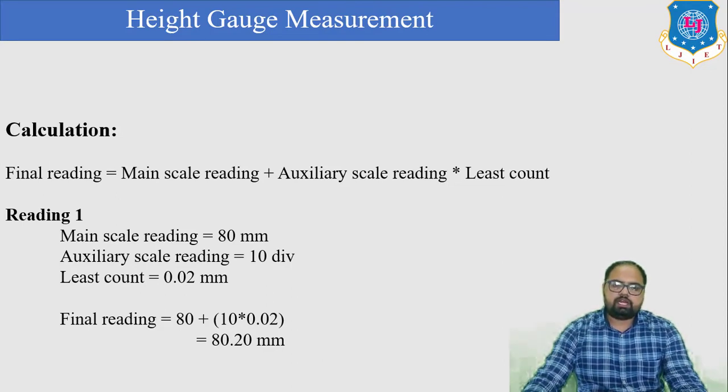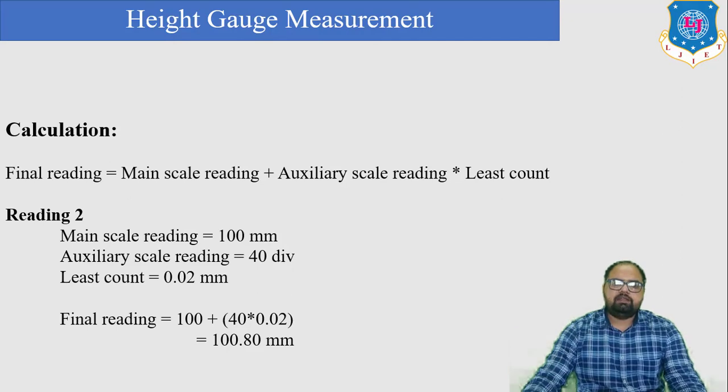So let's take the first reading. Main scale reading is 80 mm, auxiliary scale reading is 10 divisions and least count is 0.02 mm. So the final reading is 80 plus 10 cross 0.02 mm, that is, final reading is 80.20 mm.